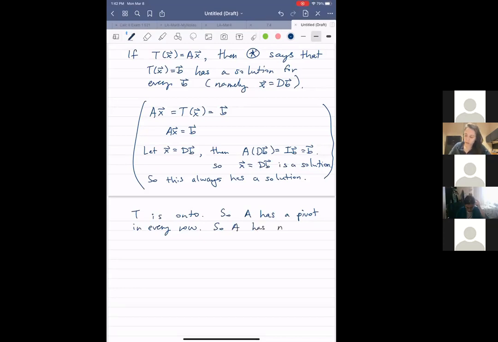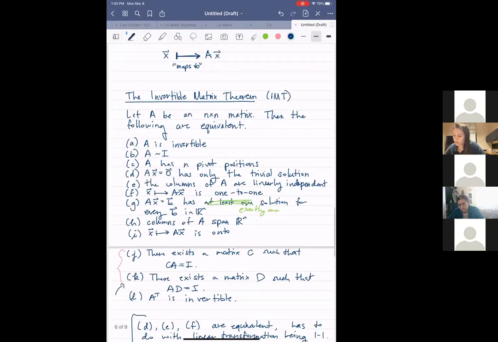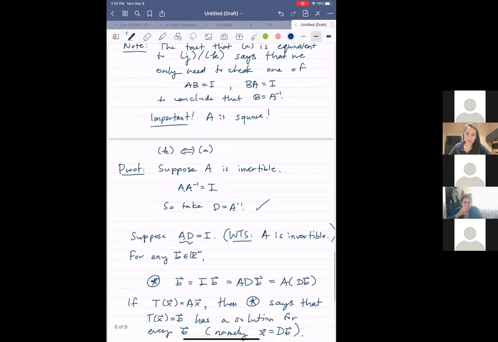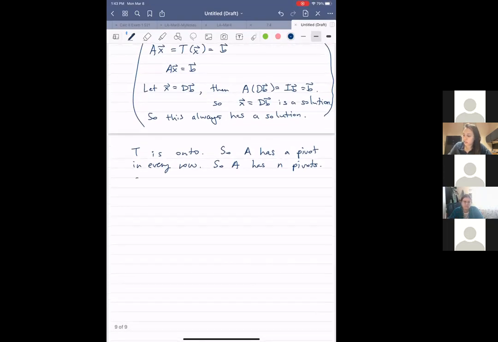Because there are n rows, so n pivots. And since A is square, well, not even that. So A has n pivots, and going back up here, we know that A is equivalent to C already. If A has n pivot positions, then A is invertible. So we're using that equivalence to make this conclusion. A has n pivots, so A is invertible.